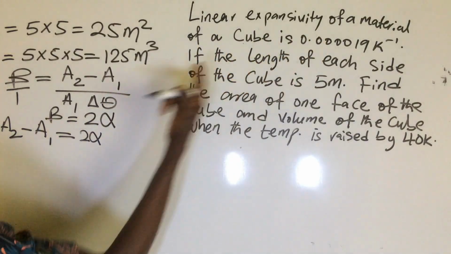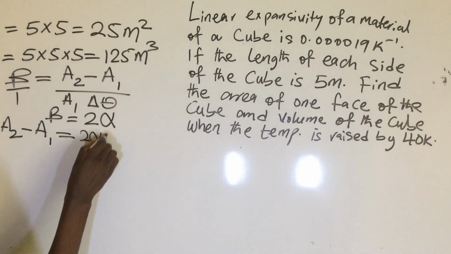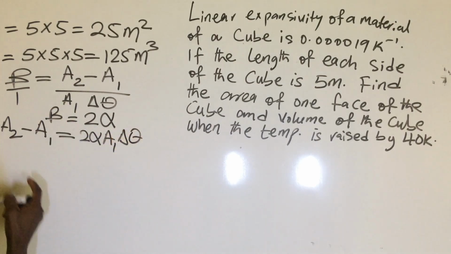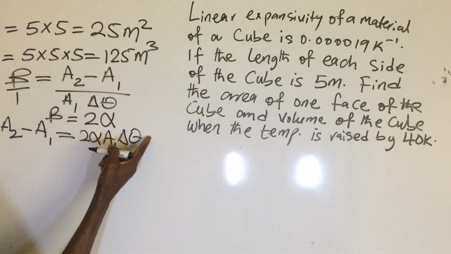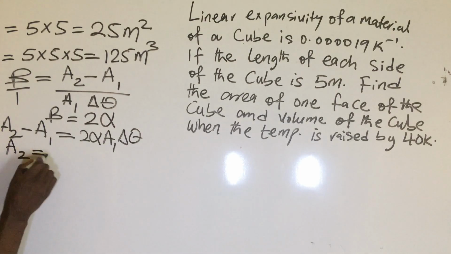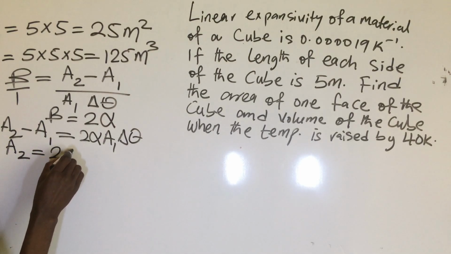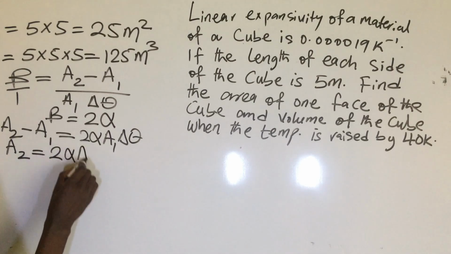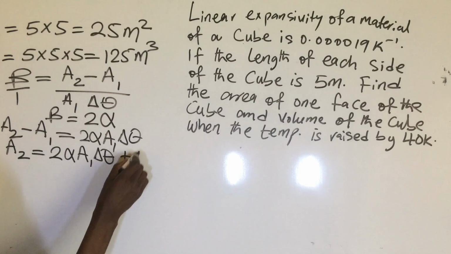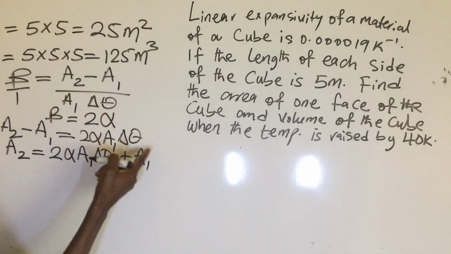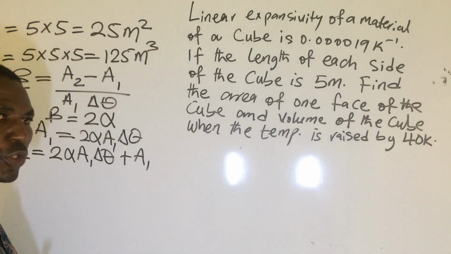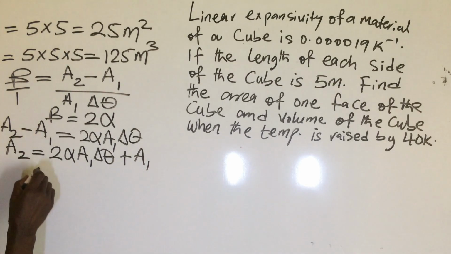So we use 2 alpha A1 change in temperature. Now we take A1 to the other side because we need the new area. The new area equals 2 alpha A1 change in temperature plus A1.